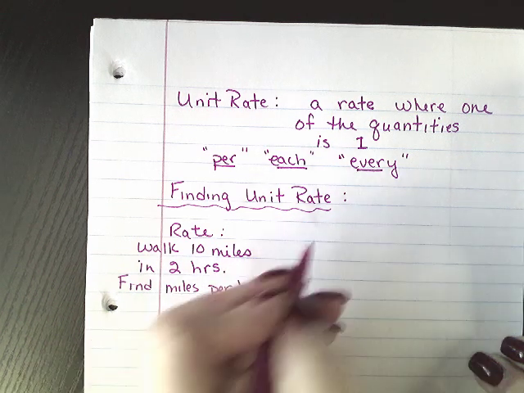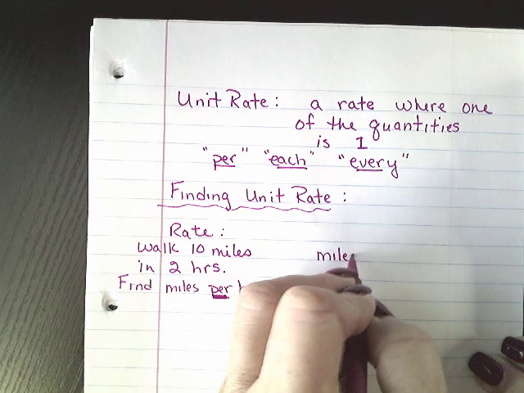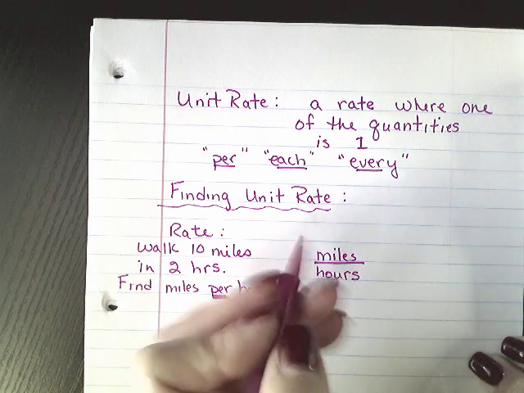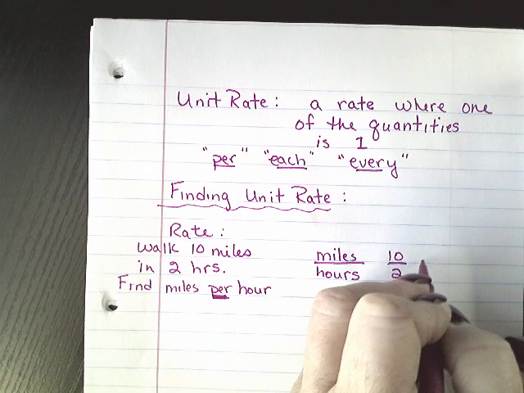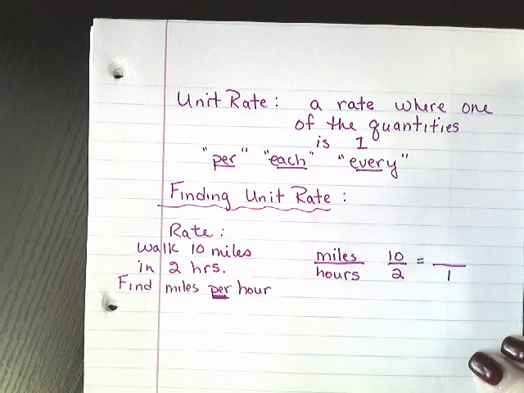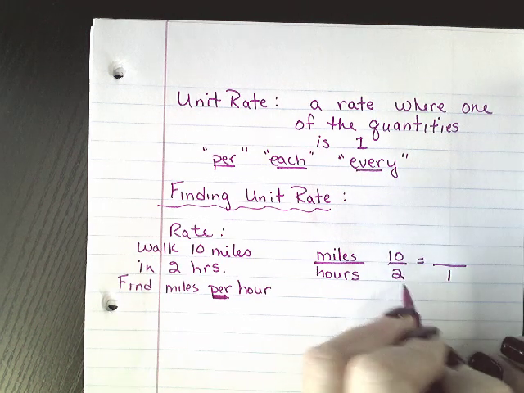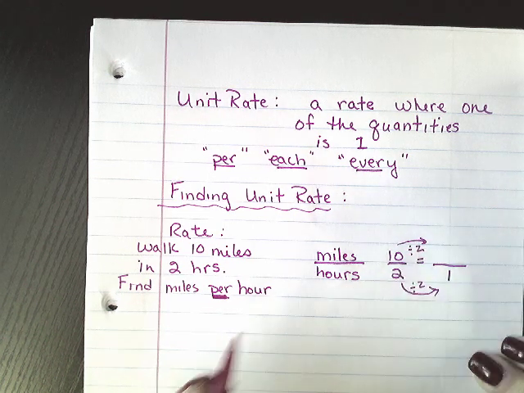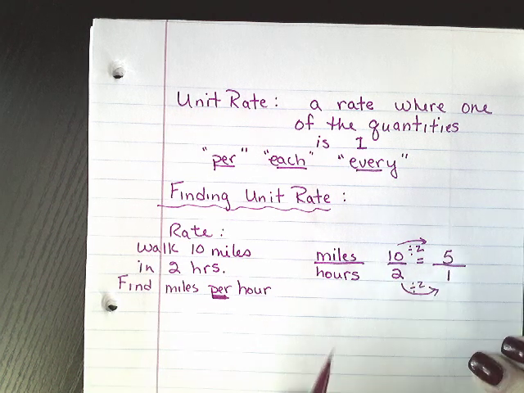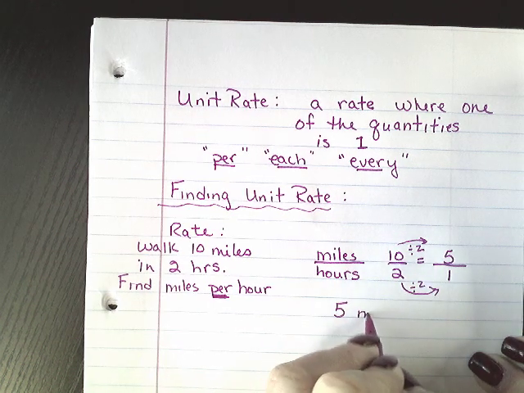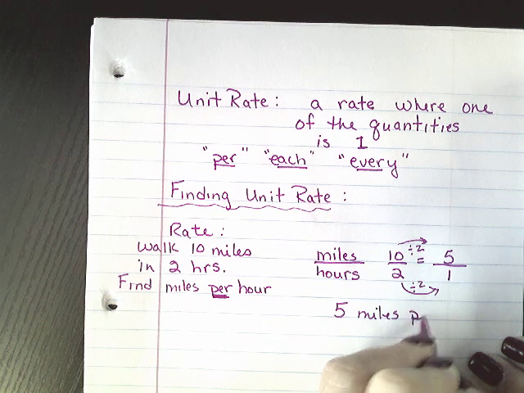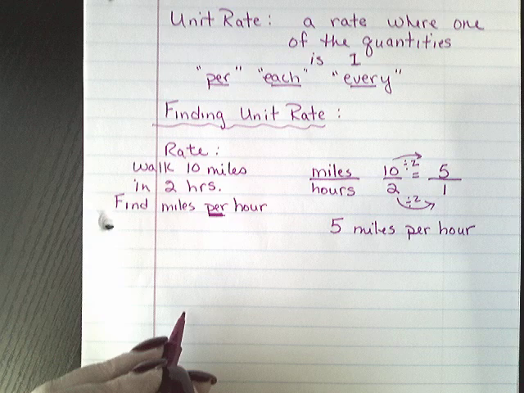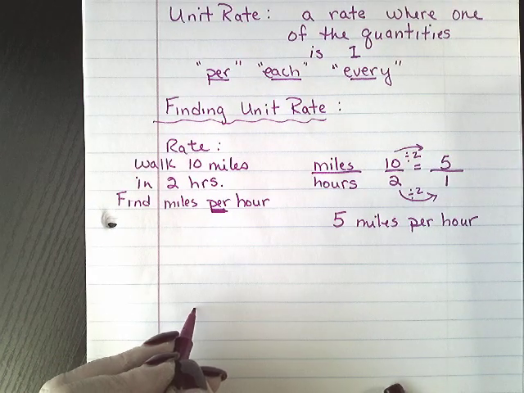So hour must be on the bottom of our ratio. So we're going to have miles over hours. That would be 10 over 2. And we want that 1 to go for per hour. So we have to divide by 2. Divide by 2 for our proportion, and we would get 5. So this would be 5 miles per hour. Whatever that per goes with, that's how we set up our proportion.